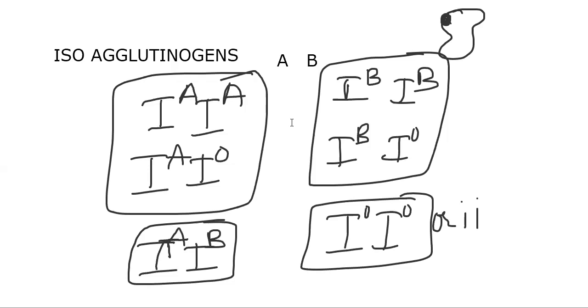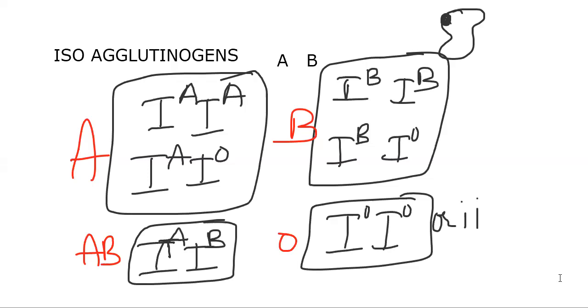So based on the isoagglutinogen A and B, we classify the blood groups as A blood group, which can be written as homozygous A, heterozygous A. Now just adding I, isoagglutinogen. Okay. Next, B blood group: IB, IB or IO. Next, O blood group. So this is the pattern. The genotype should be written in that particular format.